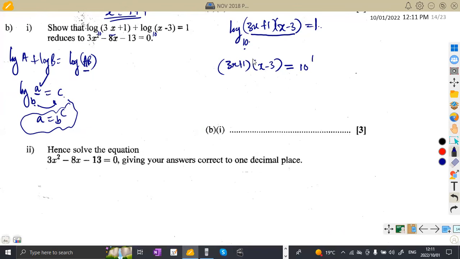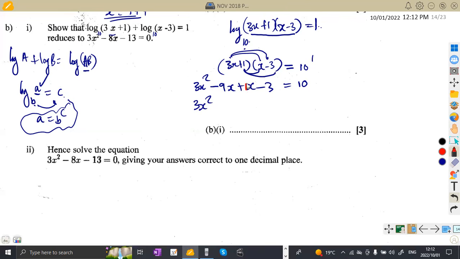So expand brackets, then you can show that. So it's 3x by x here. That is 3x squared, 3x by minus 3. 3 by minus 3, that's negative 9x. 1 times x, that's plus x. 1 times minus 3, which is minus 3. 10 to the power of 1 is actually 10. So you can transpose. That's 3x squared minus 9x plus x.